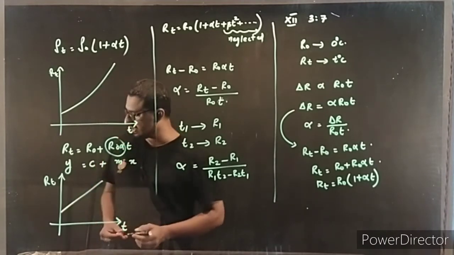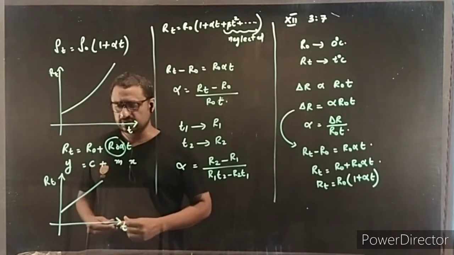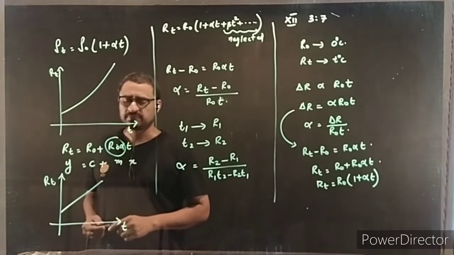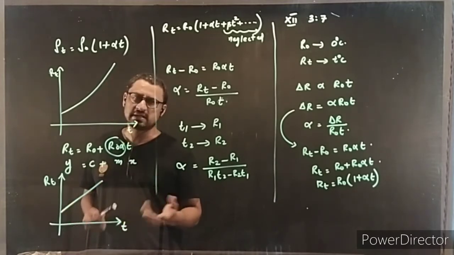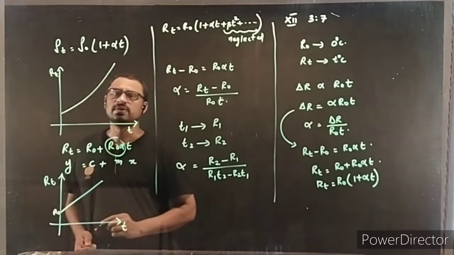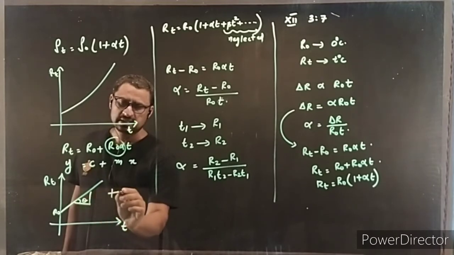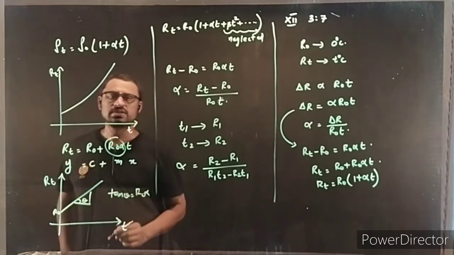The slope will give R0 alpha, and the y-intercept is the value of resistance at 0 degrees Celsius, which is R0. If the slope angle of this graph is theta, then tan theta will be equal to R0 alpha.